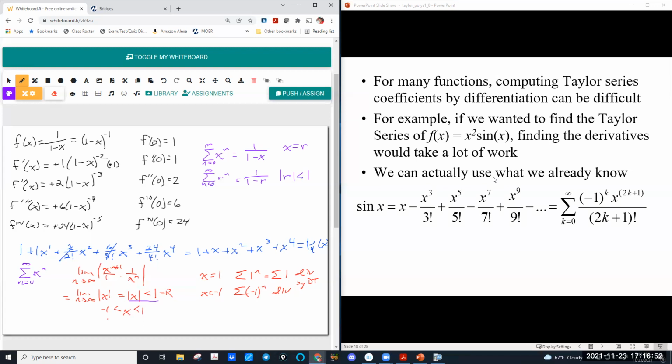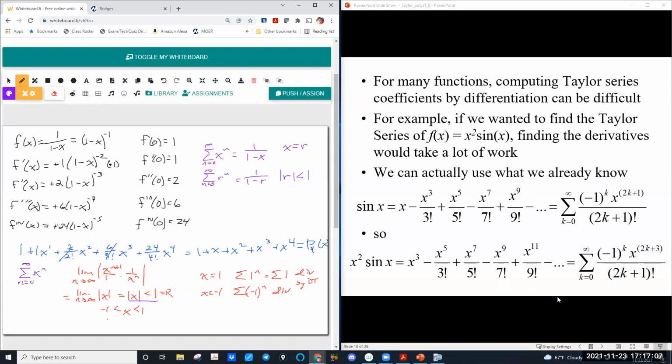But we can use what we already know. We know the Taylor series for sine of x. So for the Taylor series for x squared times sine of x, we just multiply all the terms by x squared. I just want to make it real obvious, and let me know if you have any questions about this. Notice all the terms now have an exponent that's exactly 2 higher.